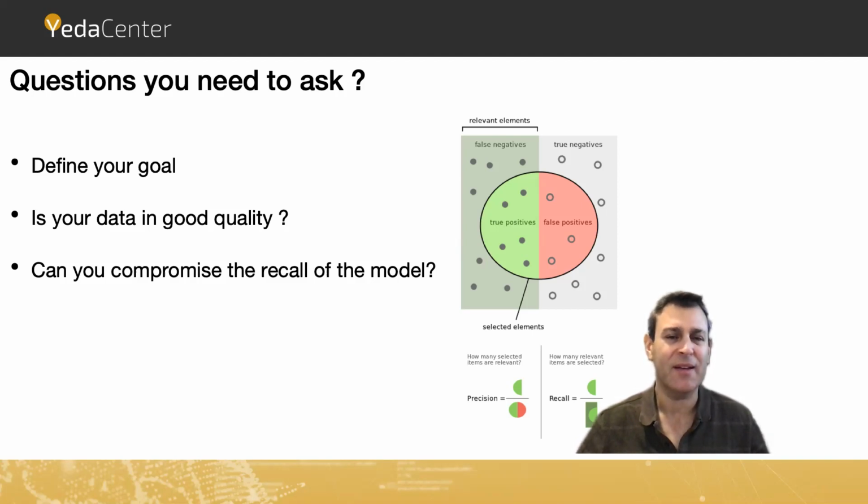Good quality is a big word, but it means that you have a really good process of, for example, labeling the data. Who labeled the data? Is it a machine or is it a human, when you have more problems of false identification? How did you do the validation of the labeling of the data?